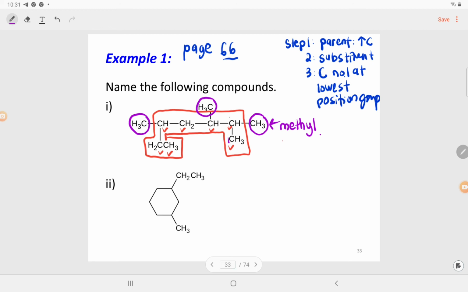So this is carbon number 1, 2, 3, 4, 5, 6, 7.